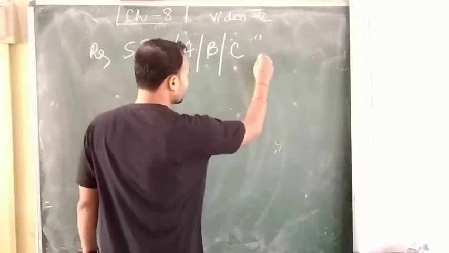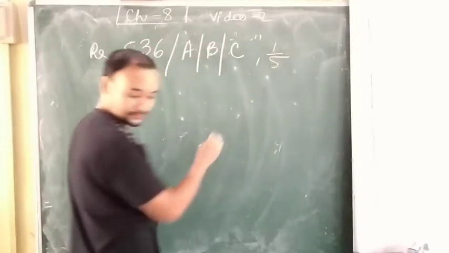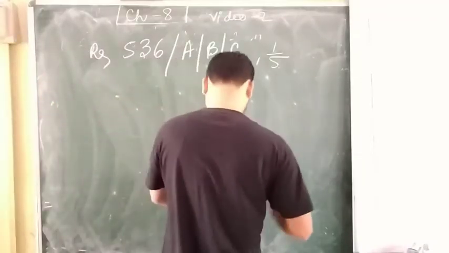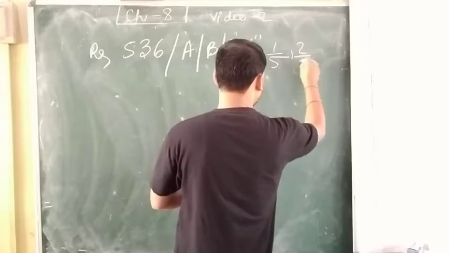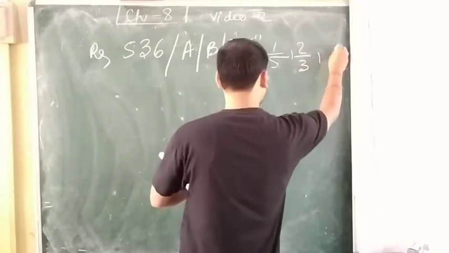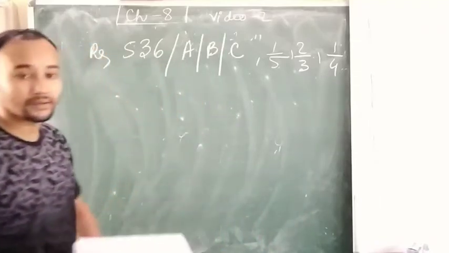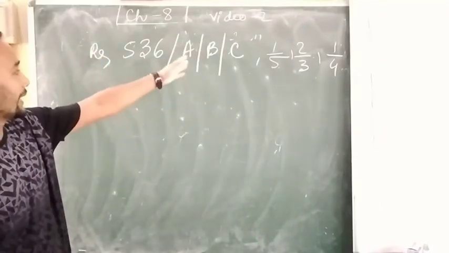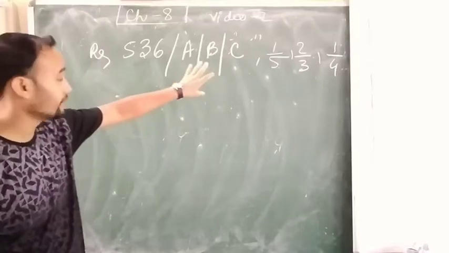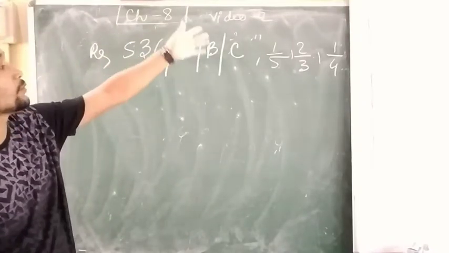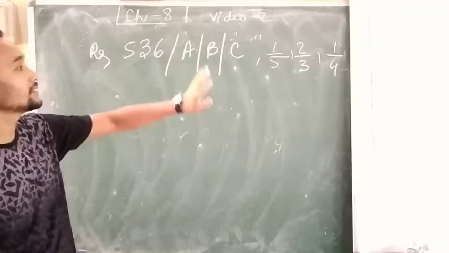The ratios given are 1 by 5, 2 by 3, and 1 by 4. See, A, B, C are going to have money from 536 in the ratio 1 by 5, 2 by 3, 1 by 4.